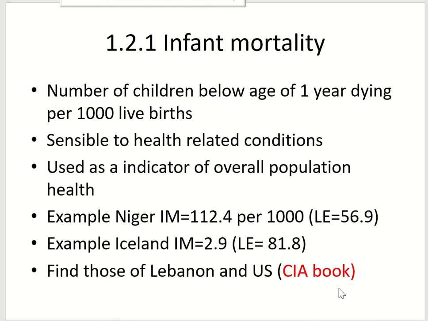You just Google it, and by going to the word book, I think it's called, you can request for a specific country the information, and they have things like crude death rate, infant mortality, etc. And I advise you to look up the infant mortality rate for our country, for neighboring countries, because it gives you an idea of the public health situation.